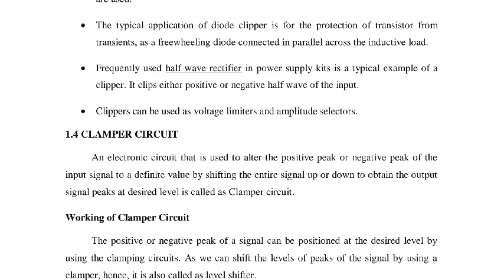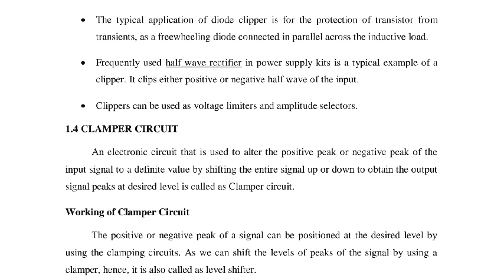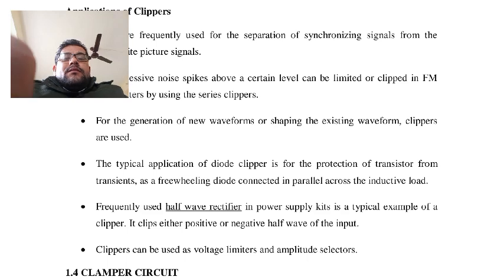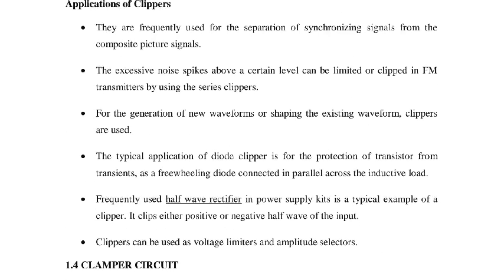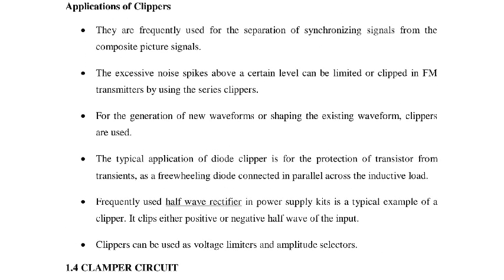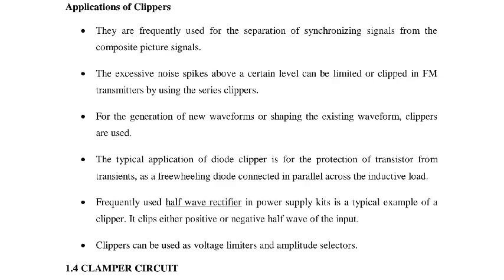We have studied four types of clippers: series and shunt. Within the series there are two types, positive series clippers and negative series clippers. Similarly, in the shunt we have seen two types, first the positive clippers, second the negative clippers.